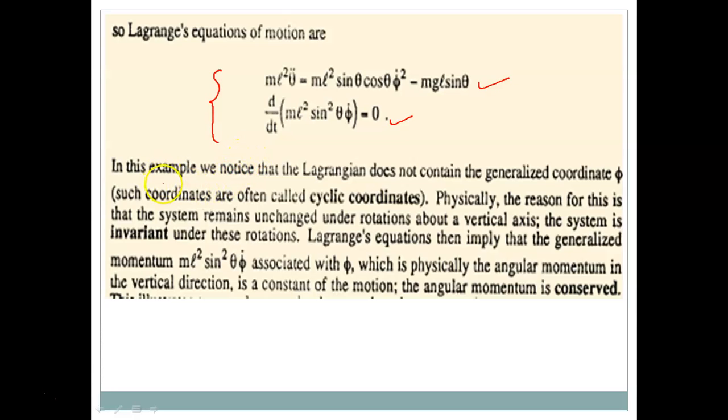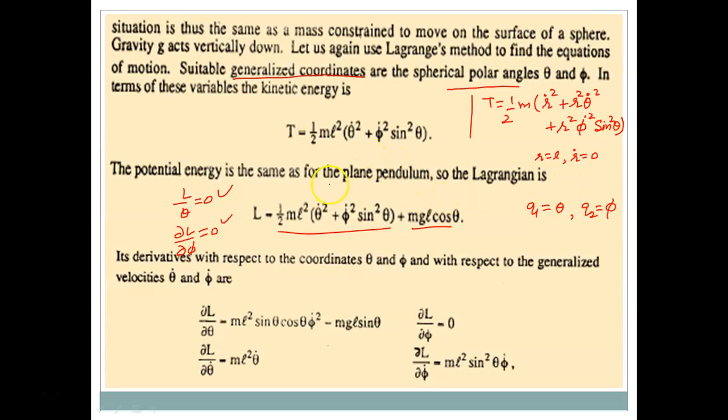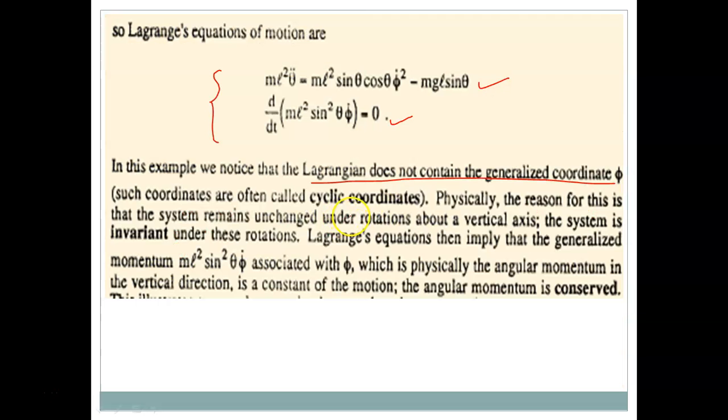In this example, you can notice that the Lagrangian does not contain the generalized coordinate phi. You can see the Lagrangian here: we have theta dot, phi dot, theta, but we do not have phi. When such a situation exists, such a coordinate is often known as a cyclic coordinate.